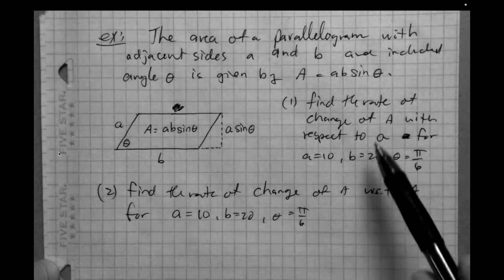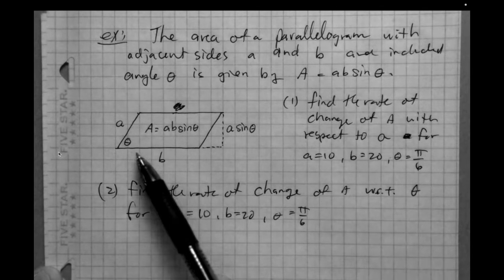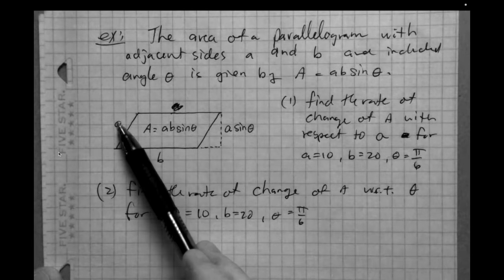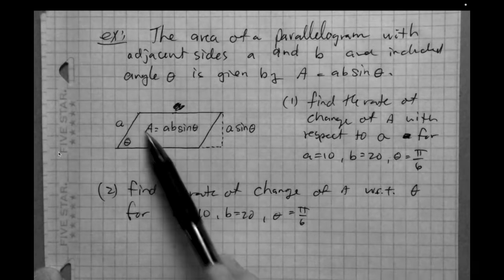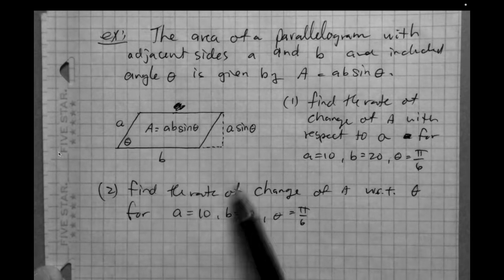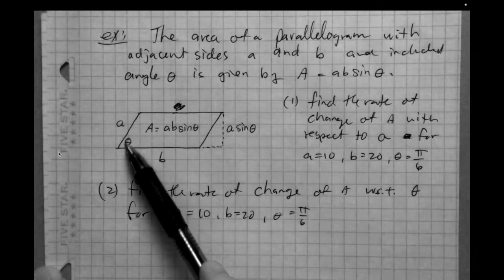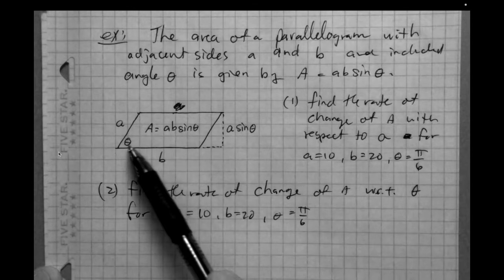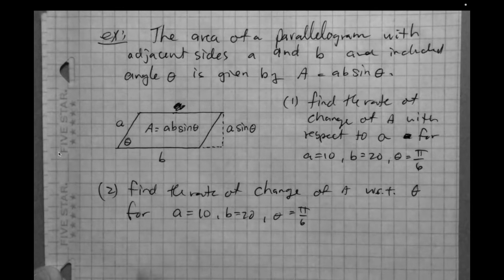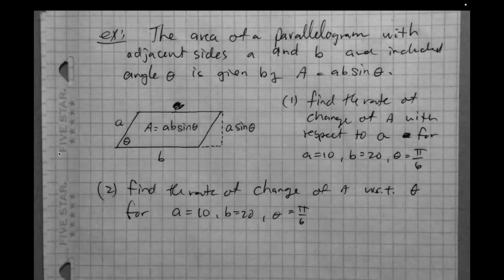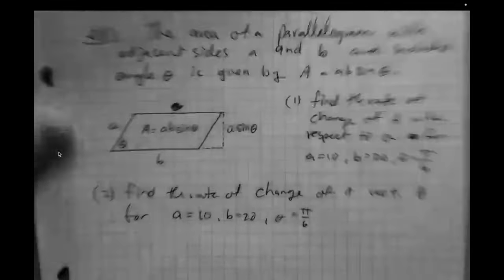Right, so in the first one, the question is how much does the area change when we change little a here, ever so slightly? What's the rate of change? And the second one is similar, except in this case we're changing the angle. So how much does the area move as theta changes? Right, but a and b are held constant. Okay, so that's the idea.